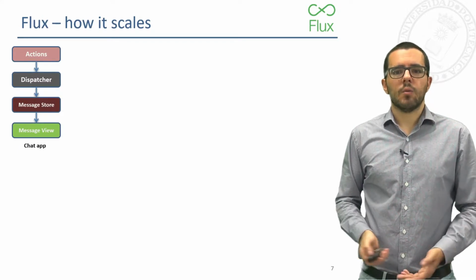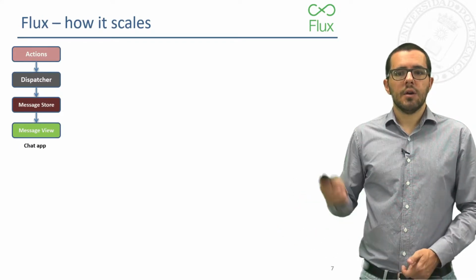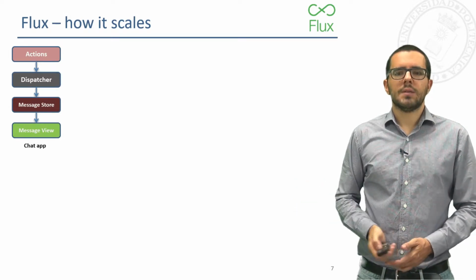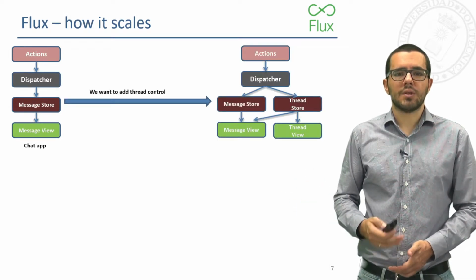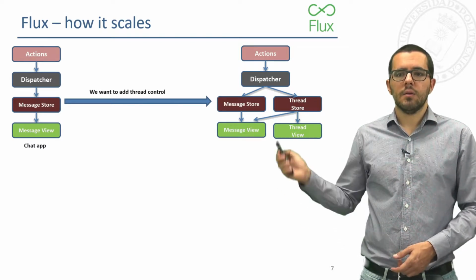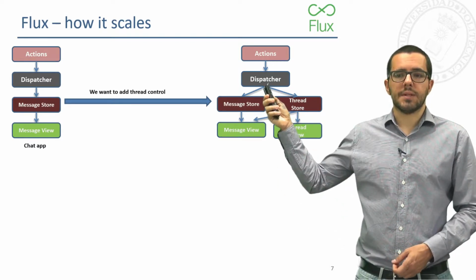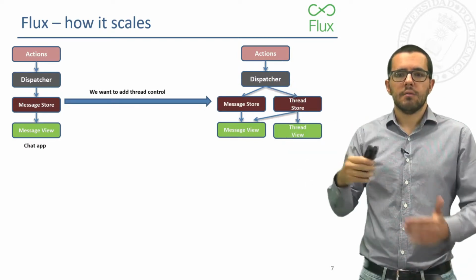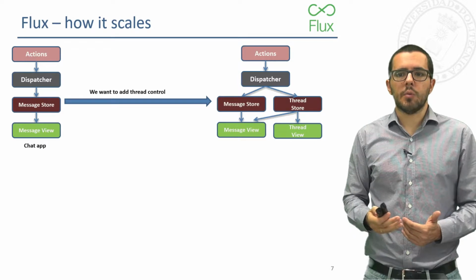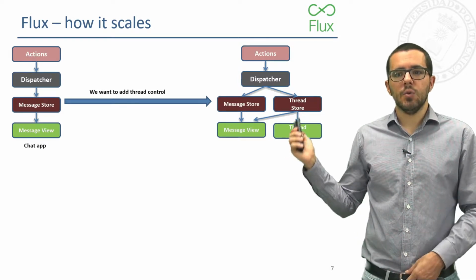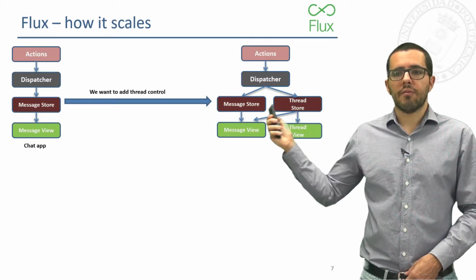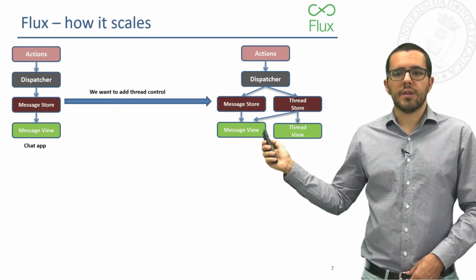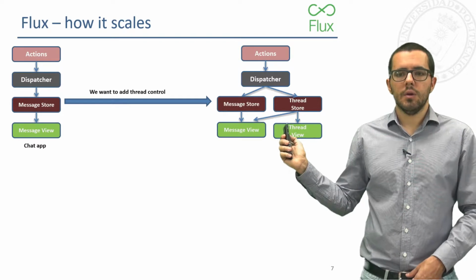How does it scale? Well, if we have a chat application, we have a message store and a message view. But what happens if we want to add a thread control? Well, then we don't need a new dispatcher, the dispatcher will be the same. Maybe we add several actions, but in the same file. Actions are just plain JavaScript objects. What we are going to add is a new thread store. So we will have message store and thread store. And now we have different views, message view and thread view.